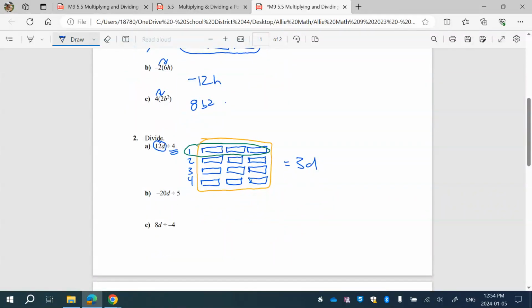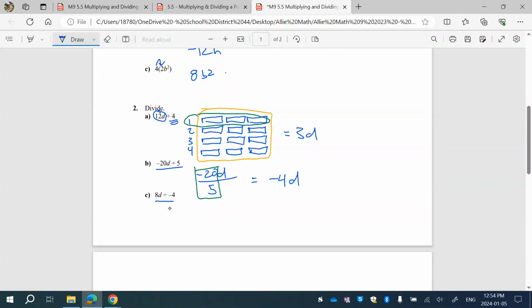I think it's best to rewrite these ones. It's a little easier to look at if you draw it like this. So negative 20d over 5. And now we just need to reduce this fraction right here. So what's negative 20 divided by 5? That would be negative 4d.